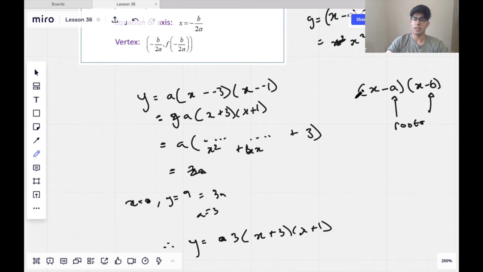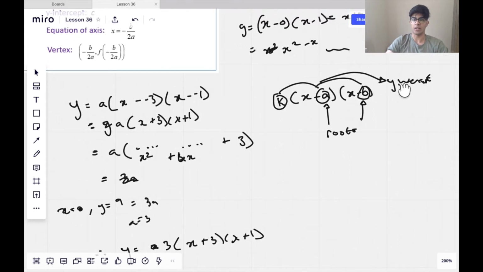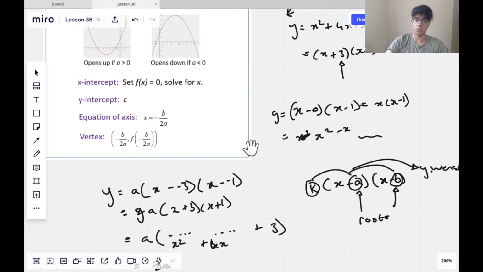And then you stick a term out here, whatever you can call it, k for example, since I've already used the a here. And you just check that when you multiply this number by this number, and then by k, these three numbers together, you should get the y-intercept. But again, that's a lot harder to do. They're less likely to ask a question like that.